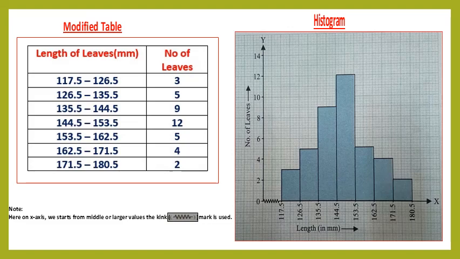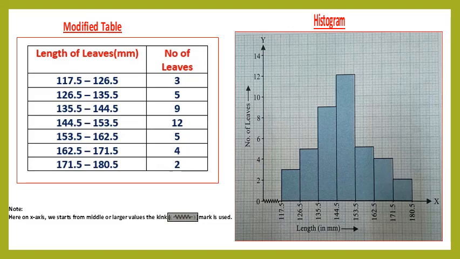The first class interval is 117.5 to 126.5. The number of leaves is 3. So the height of the rectangle is 3. So for 117.5 to 126.5, the height is 3. So the rectangle is formed as per the data.